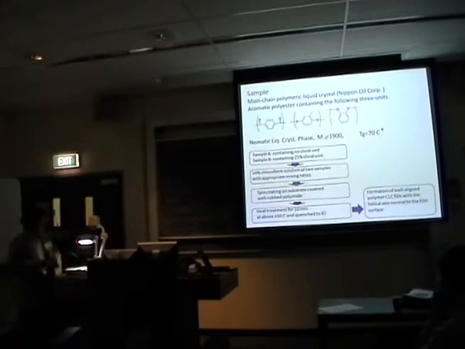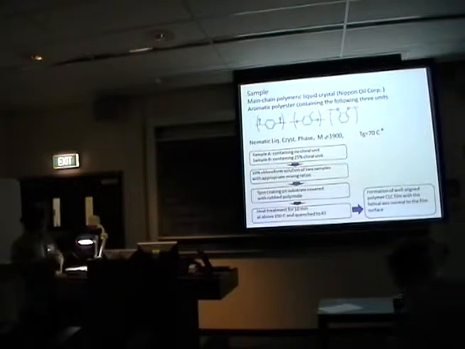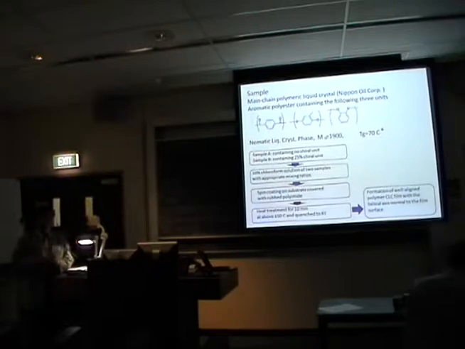Okay, before telling my story to you, first I will introduce our samples, because sample preparation is a very crucial issue. To introduce defects, fluid liquid crystal cannot be used.